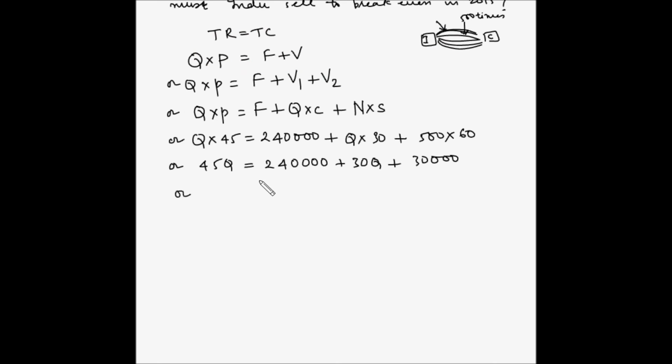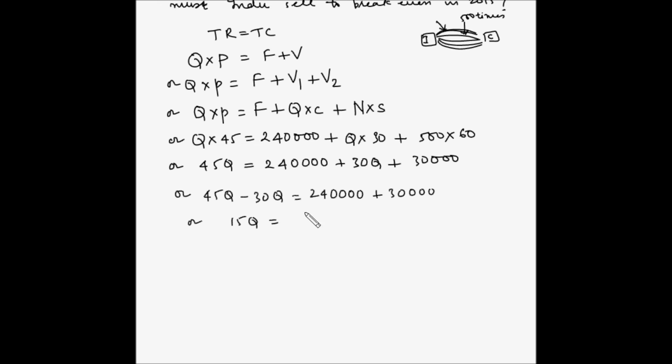Now let's bring all the terms with Q on one side. So 45Q minus 30Q, so plus becomes minus when it goes to the other side, is equal to 240,000 plus 30,000, or 45 minus 30 is 15.